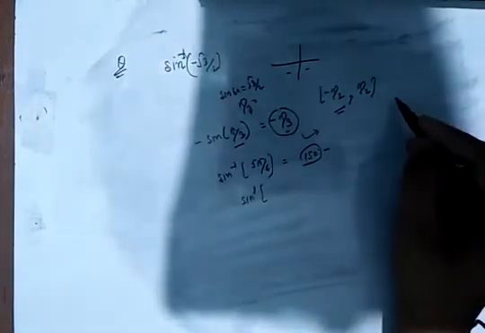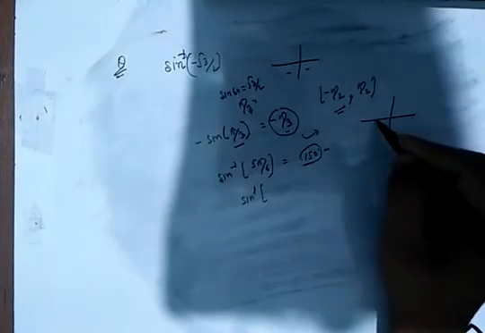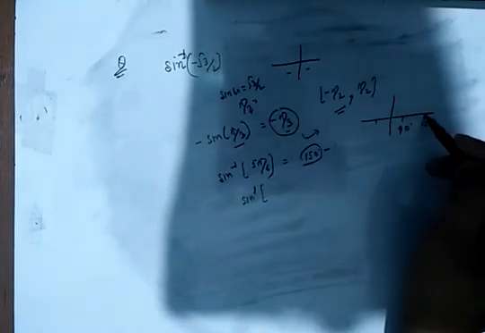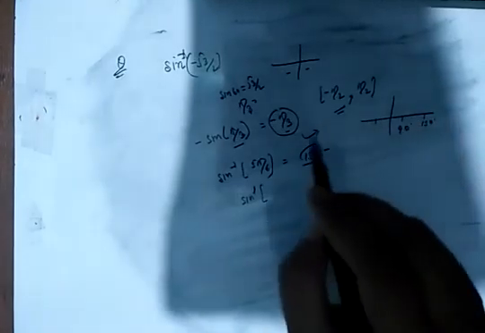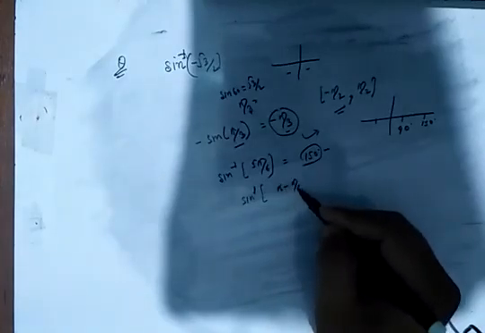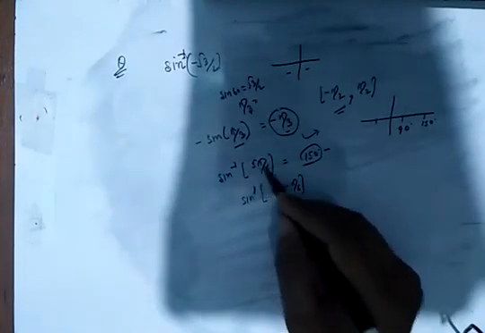This value, 150 degrees, is a little more than 90 degrees, so we have to subtract some value. We can write pi minus pi by 6, which gives 5 pi by 6.